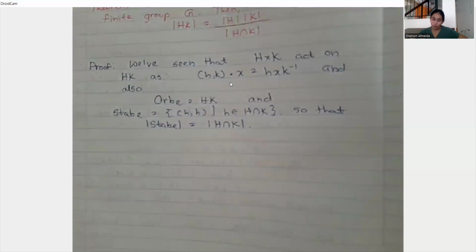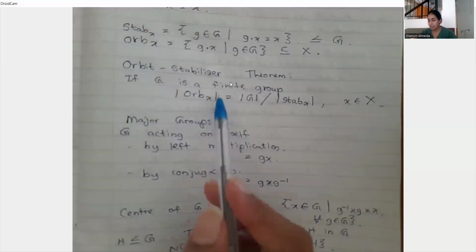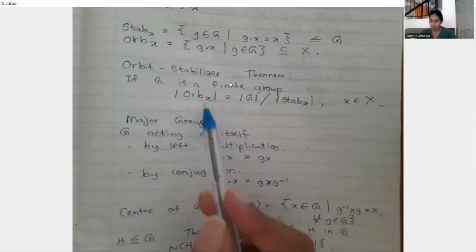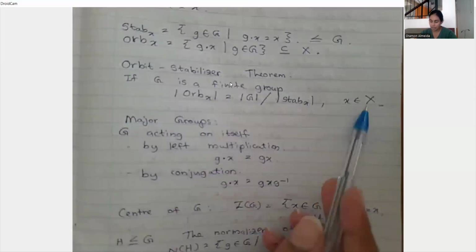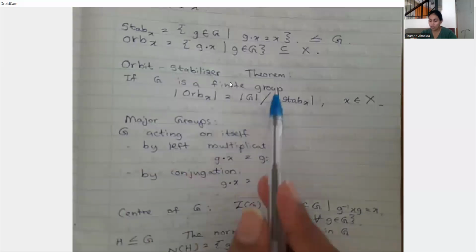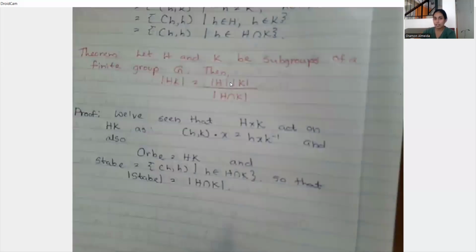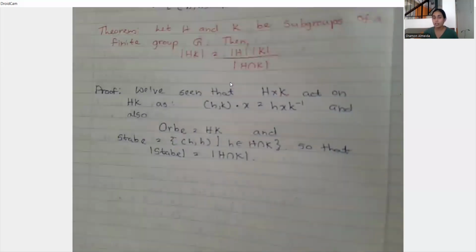Now what do we do? We use the orbit stabilizer theorem. If you go back to the recap, the orbit stabilizer theorem tells you the number of elements in the orbit of x, where x is an element in the set, is equal to the number of elements in the group G over the number of elements in the corresponding stabilizer when G is a finite group. In our theorem, G is given to be a finite group, so we can employ the orbit stabilizer theorem, right?